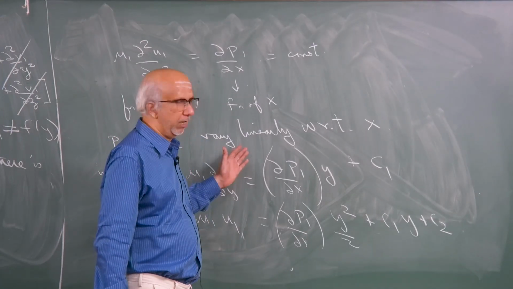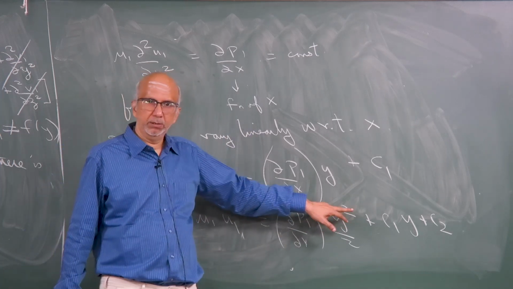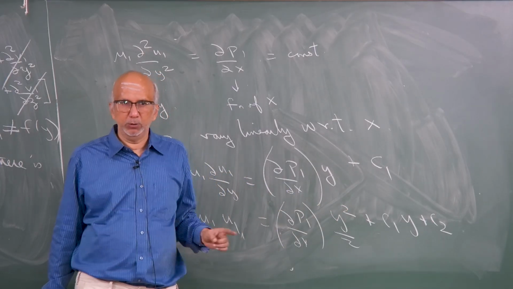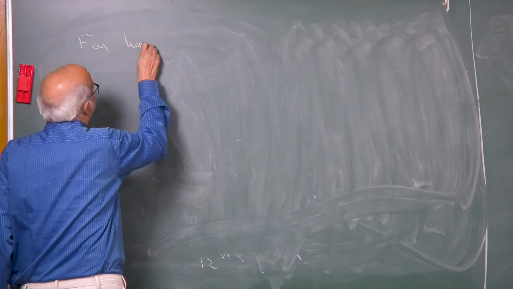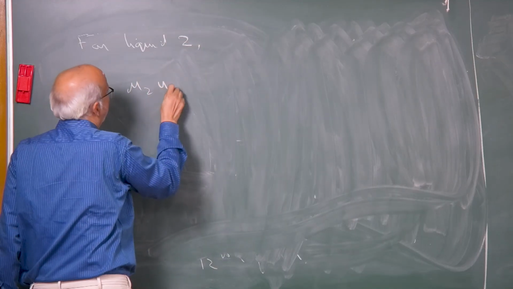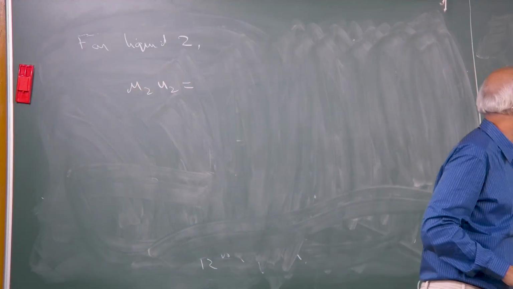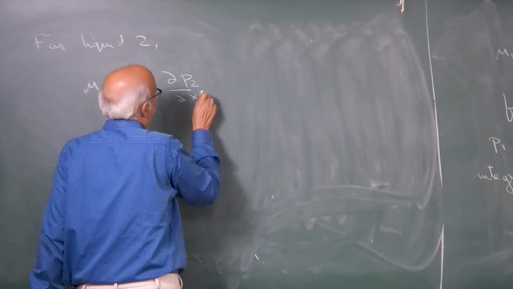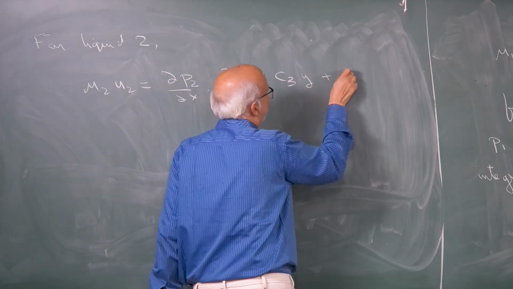Now, this is how the velocity varies with y for the first fluid. You can do a similar thing for the second fluid and you will get a similar expression. For liquid 2, I will get mu2 u2 equals dp2 by dx y square by 2 plus c3y plus c4.